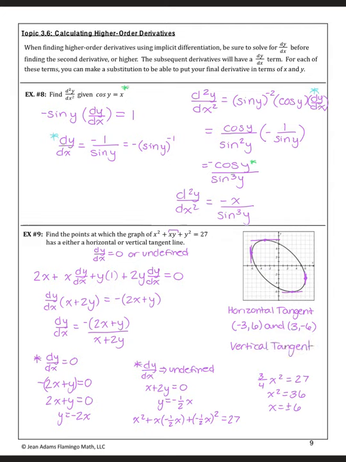So these coordinate points are negative 6, 3 and 6, negative 3. So implicit differentiation can be really confusing to begin with, but just always remember whenever you are taking the derivative involving a y value, you just need to tack on dy dx.